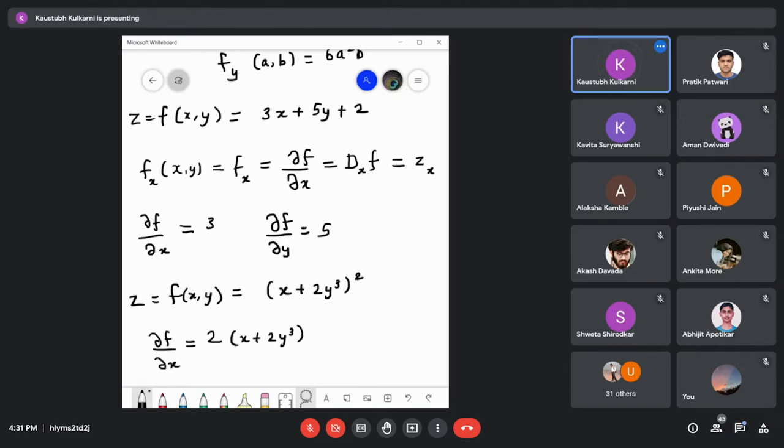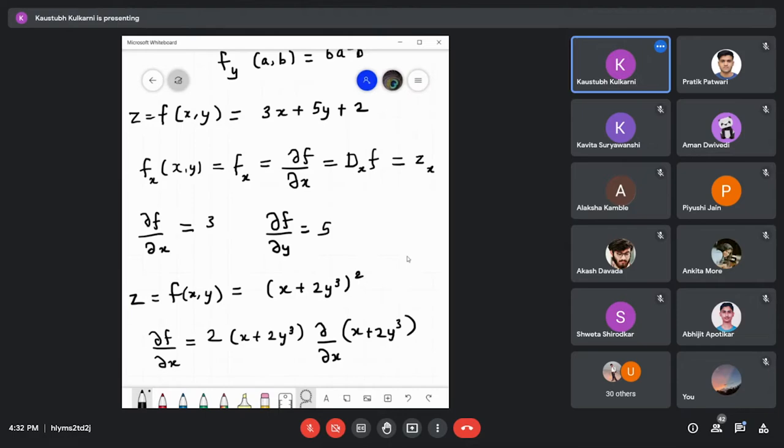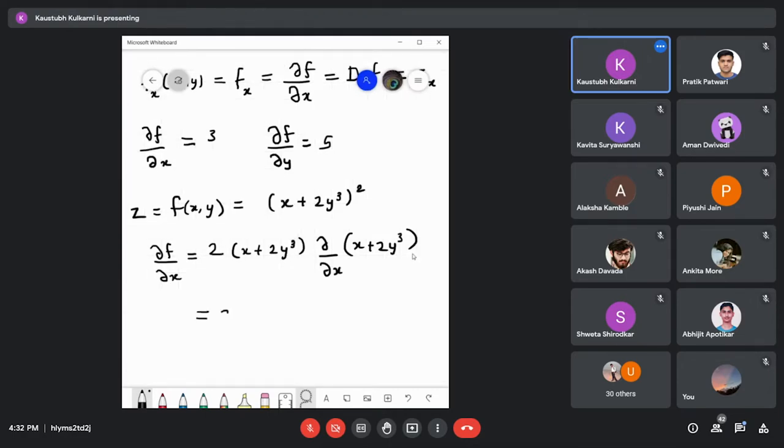Then followed by, go inside, and find the partial derivative of this, which is 1 because the coefficient of x is 1. Therefore dou f by dou x is equal to 2 times x plus 2y cube.